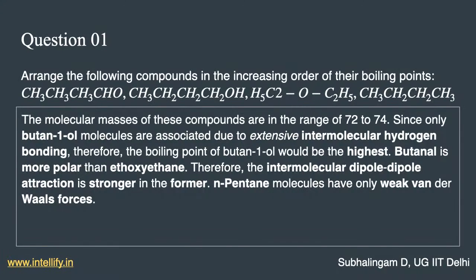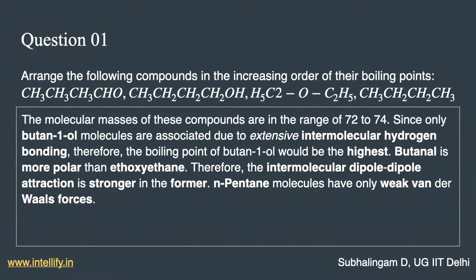By observation, you can say that the molecular masses of these compounds are in the range of 72 to 74. Since only butanol, that's an alcohol, is associated due to extensive intermolecular hydrogen bonding, the boiling point of butanol would be the highest. Butanal is more polar than ethoxyethane. Butanal is an aldehyde and ethoxyethane is an ether.